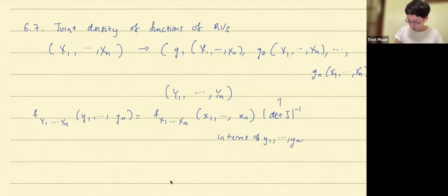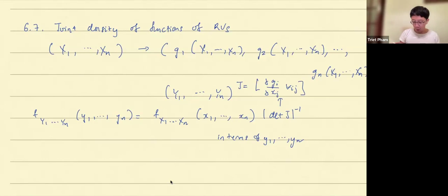And J here is the partial g_i over partial x_j, for i, j. This is the J matrix. So basically, it's really just a formula.